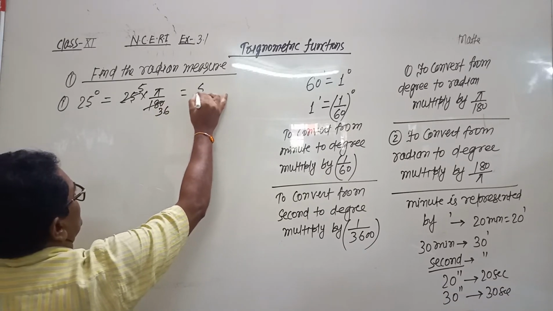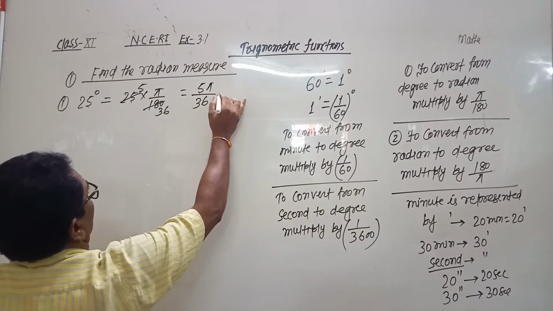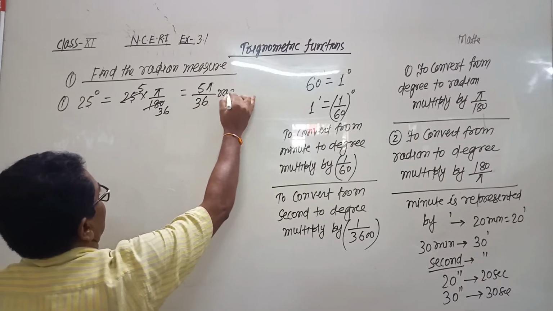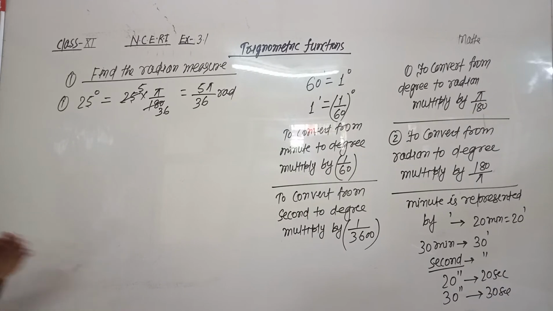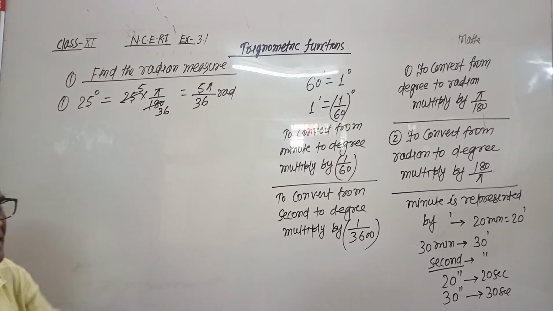So the result comes to be 5 pi by 36 radian. It means 25 degree equals 5 pi by 36 radian.